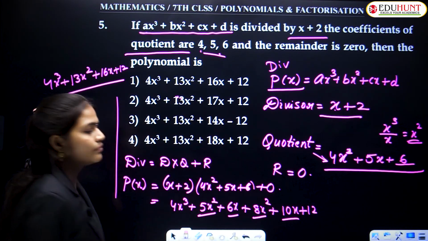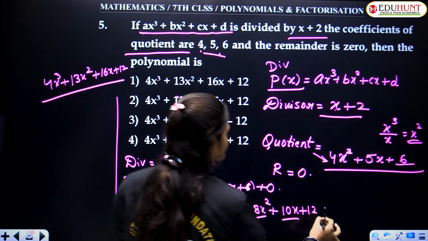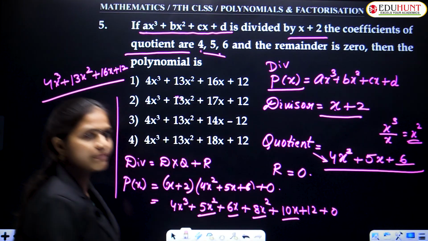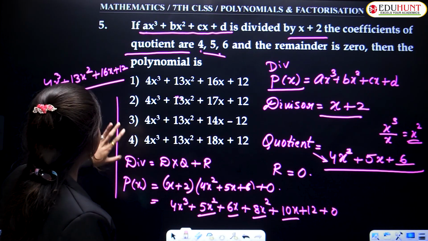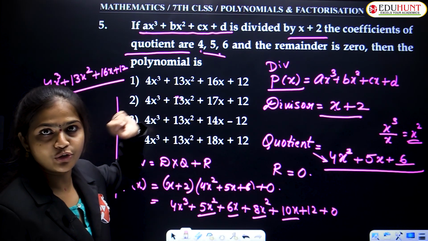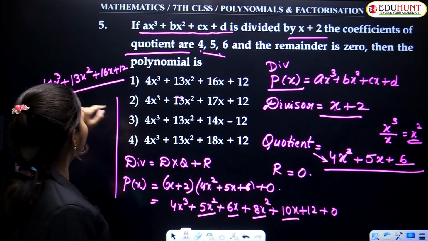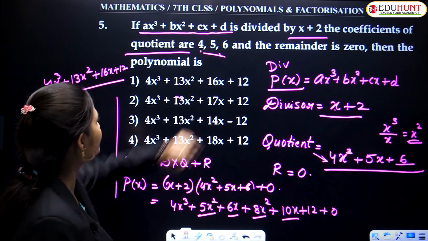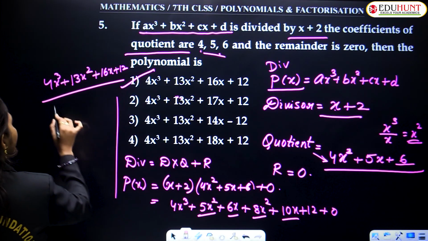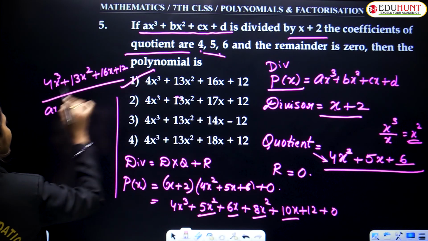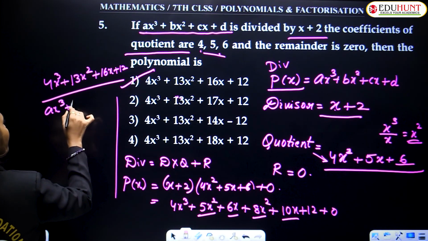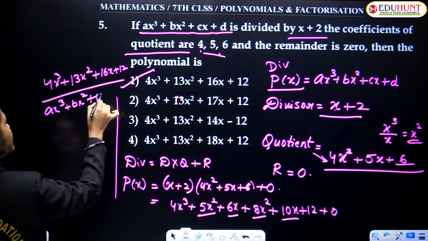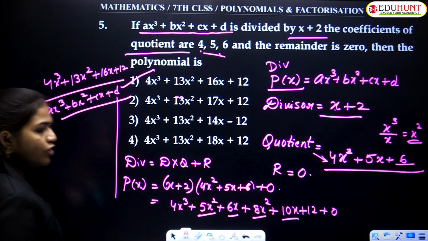Understand? Plus 0 means nothing, we will get it as 0 only. Now see that this is the required polynomial. What is that? 4x cube plus 13x square plus 16x plus 12. So the first option is correct. When you compare this with the general form ax cube plus bx square plus cx plus d, it is the same form only, no?